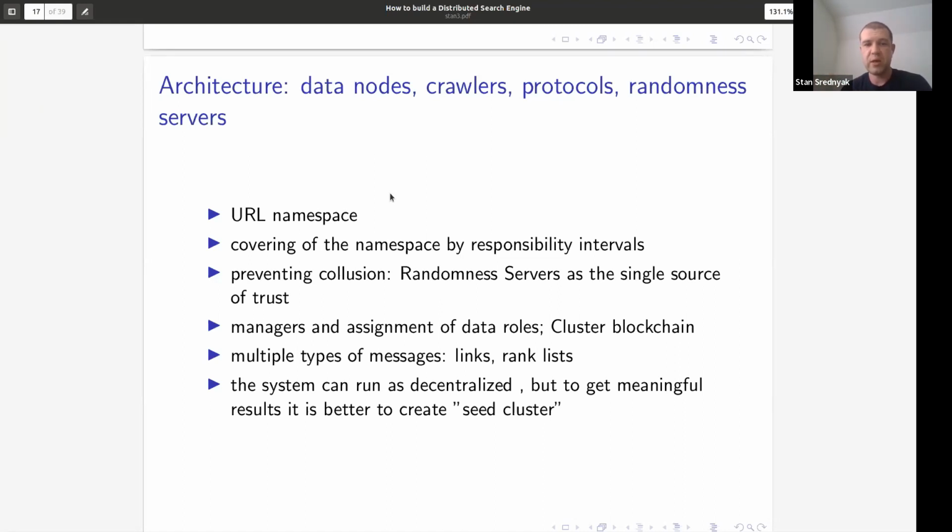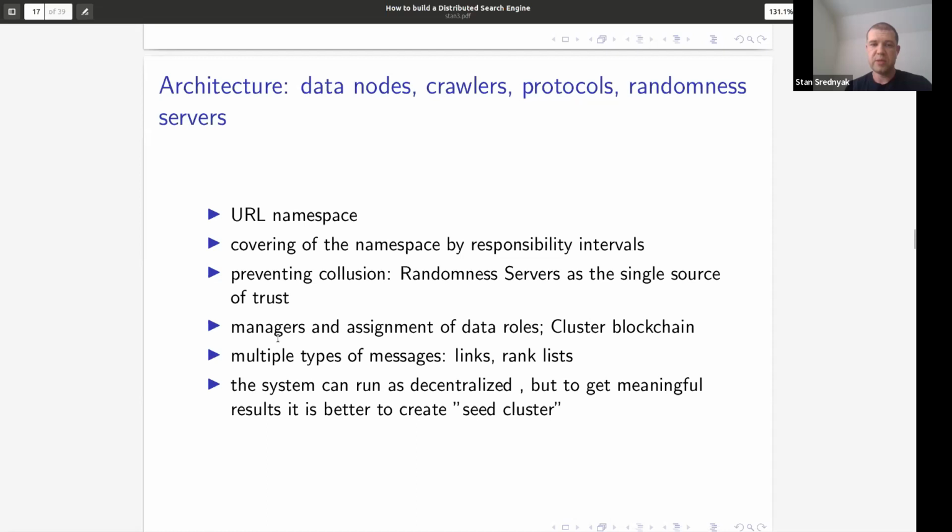Now, here is where randomness servers come into play. We don't want machines from the same user to cover the same interval in the namespace, because otherwise they can collude and manipulate the rank. But if you have a source of good randomness, we can distribute them differently and prevent that.